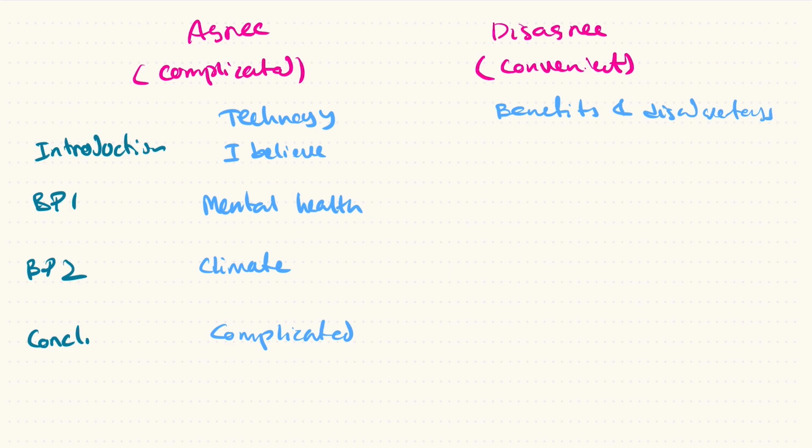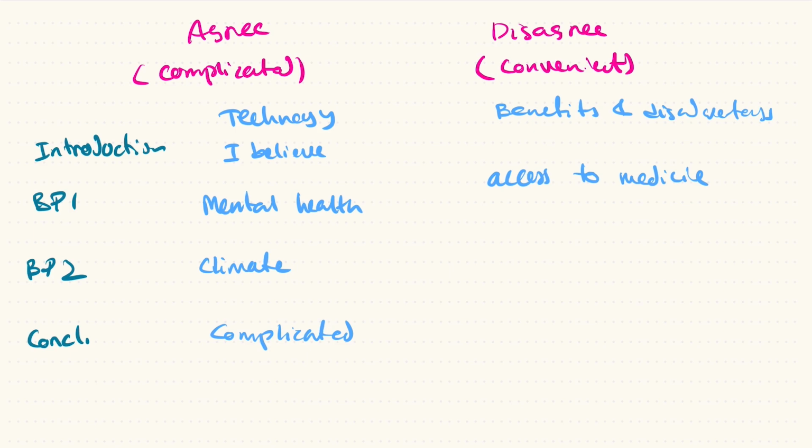And then in body paragraph number 1, you go with the convenient. What aspect of technology made our lives more convenient? For example, better access to medicine, life expectancy is on the rise all over the planet, malnutrition is on the decline. Those kinds of things you can talk about.